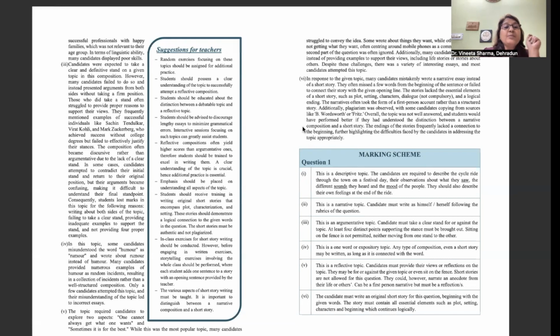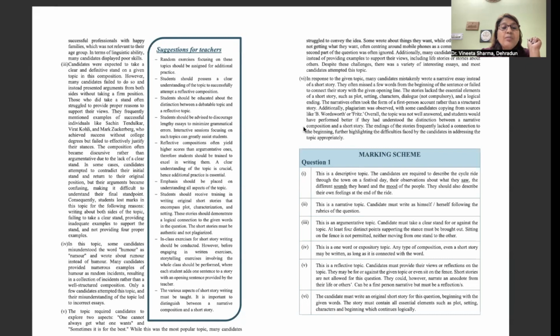So candidates were expected to take a clear and definite stand and they were not able to do that. Those who did take a stand often struggled to provide proper reasons to support their views. They frequently mention examples of successful individuals like Sachin Tendulkar, Virat Kohli, and Mark Zuckerberg, who achieved success without college degrees but failed to effectively justify their stances.